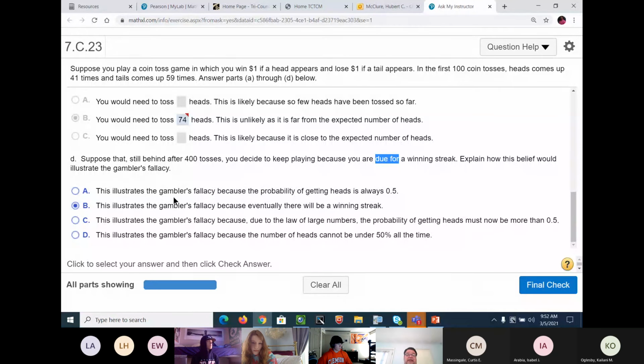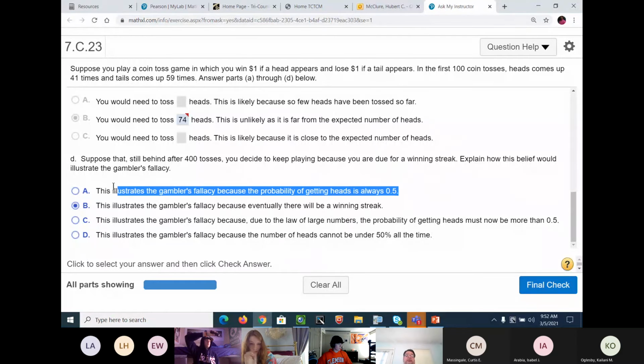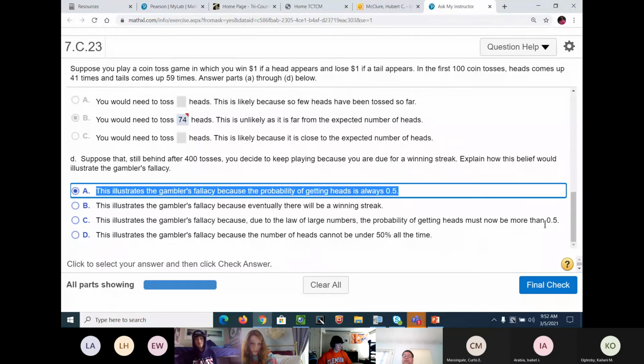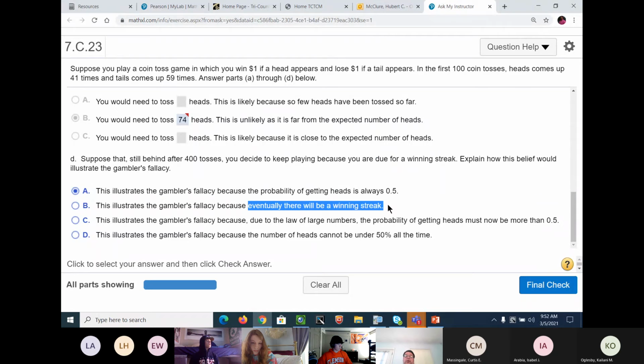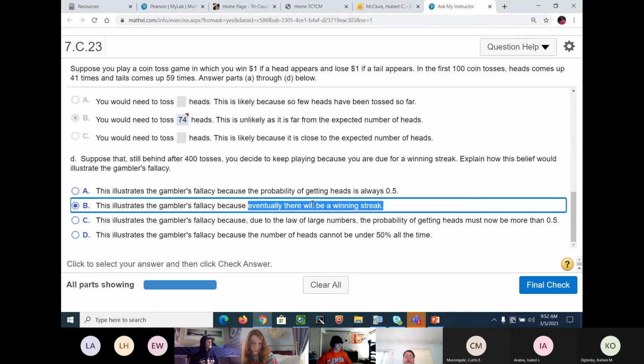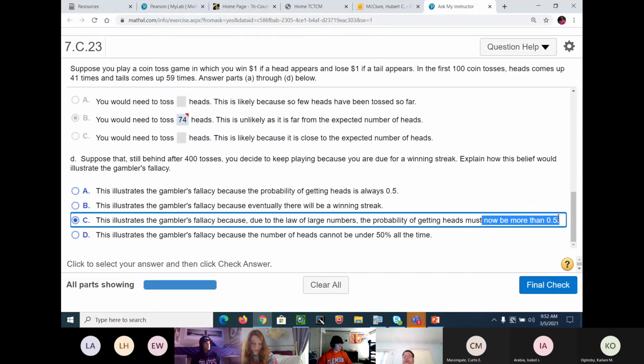Because the probability of getting heads is always 0.5, I would say A because that's the only true statement. The other statements are false, especially these two. Eventually, there will be a winning streak? No. And this one, now be more? No. The probability will never be more unless you're using a loaded coin.